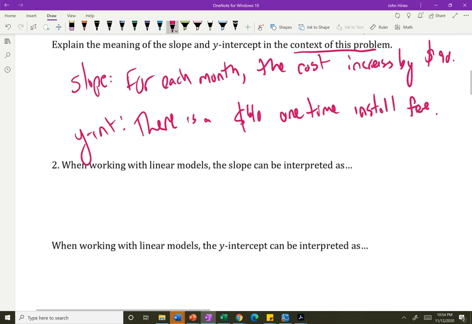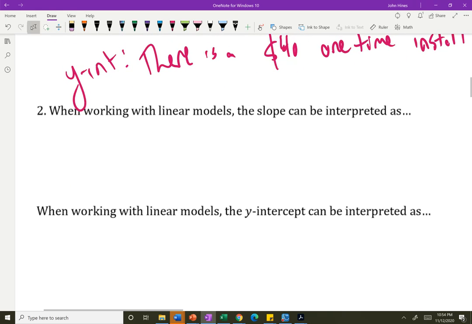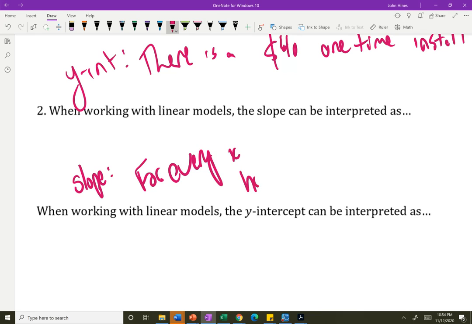Okay, so the slope is a rate of change. The slope is saying for every x, how does y change? How does my output change? It's a rate of change. So for every x, how is my y value changing?